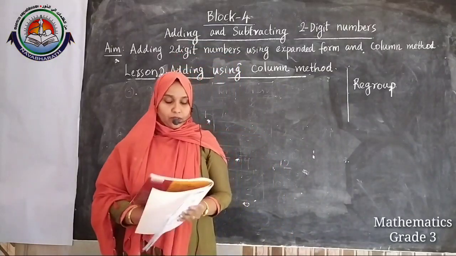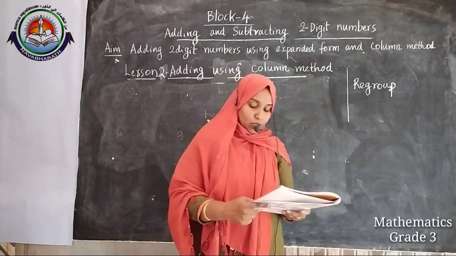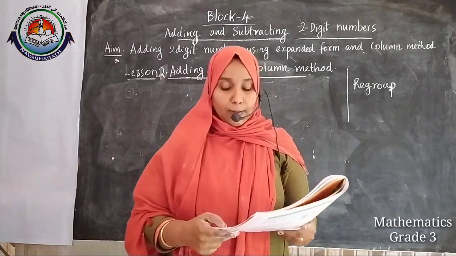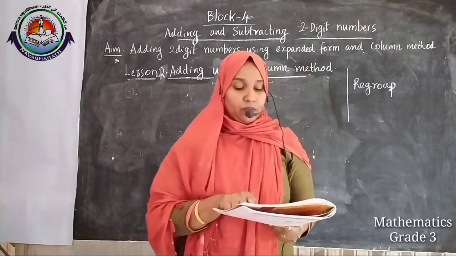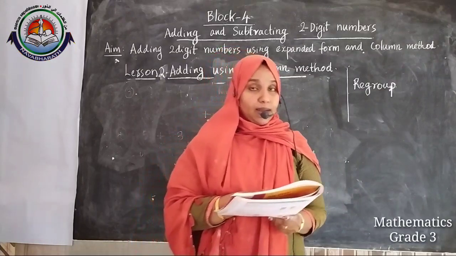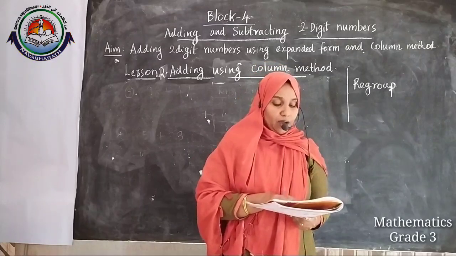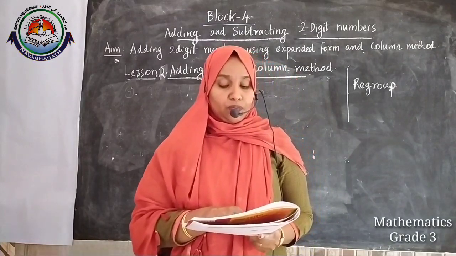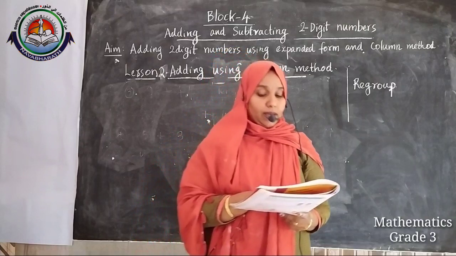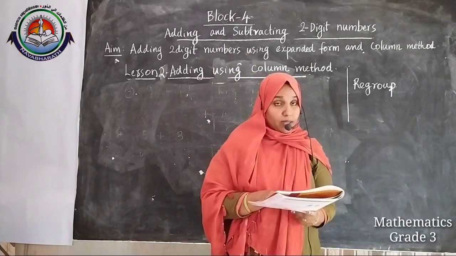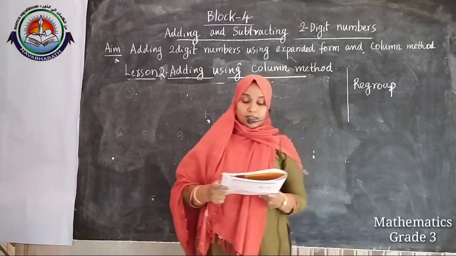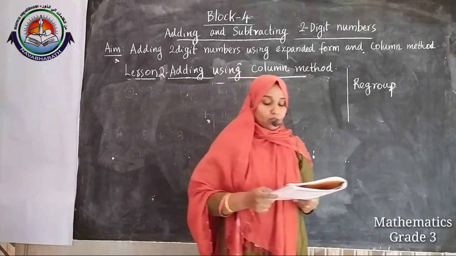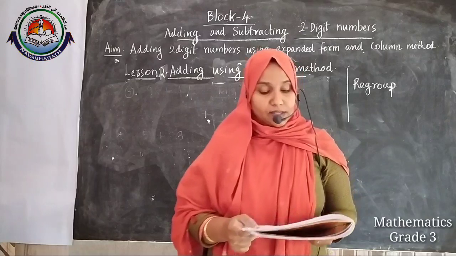Then children, take your content book, page number 23. Then the practice question. One question I am going to read in lesson 2. Ria and Rahan added 24 and 10. And Ria got 34 as the answer, and Rahan got 25 as the answer.